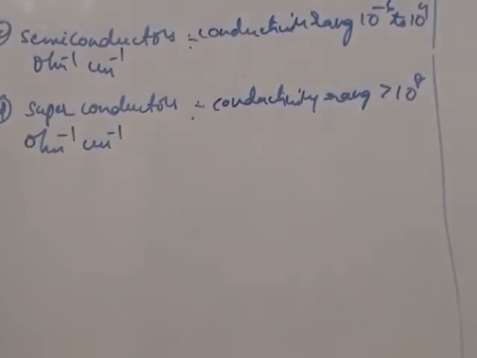So, all these are four different types of substances classified based upon conductivity: conductors, insulators, semiconductors and superconductors.